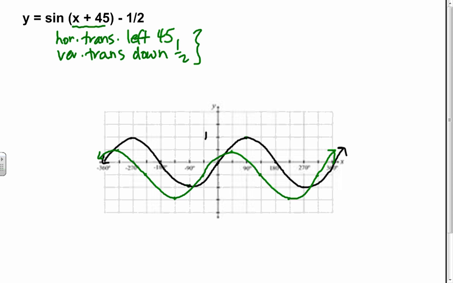There we are. We have y equals sine x plus 45 minus a half.